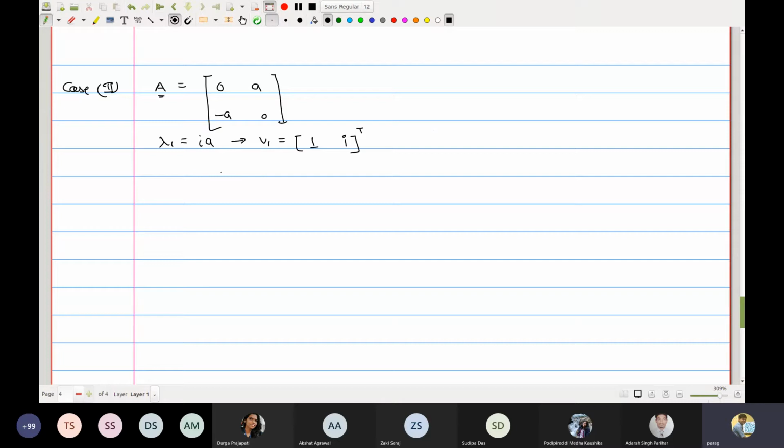So the solution would be x1, x2 equals e to the power iat times (1, i). This is going to be the solution.